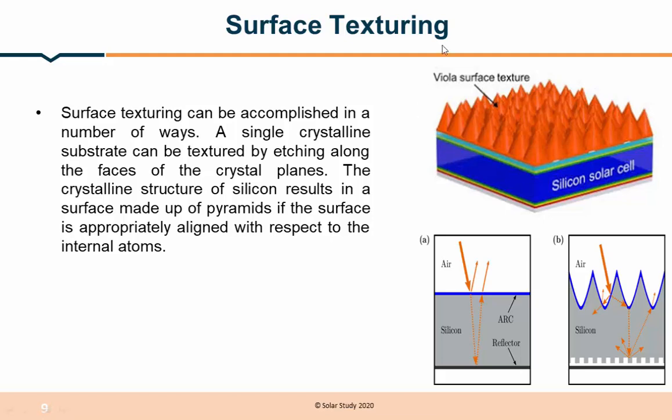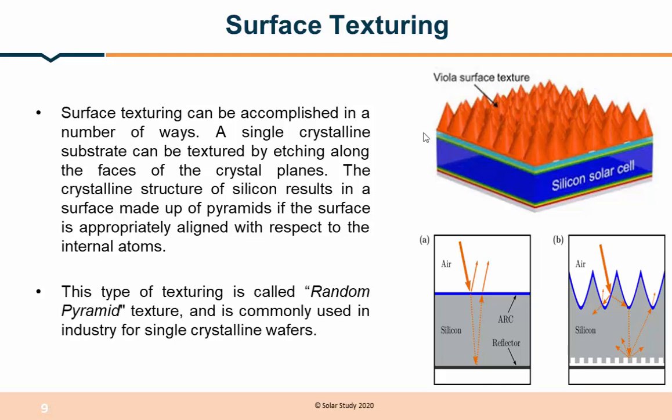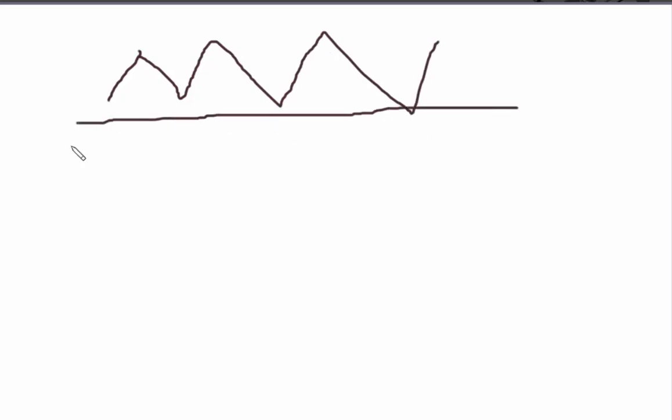In this one we can see the pyramid shape of surface texturing, and this type of texturing is called a random pyramid structure. It is mainly used in single crystal wafers, which contain only one single crystal. In that case we use this pyramid type of surface texturing. In the pyramid structure you can see it is like this. This is the surface, this is the rays.